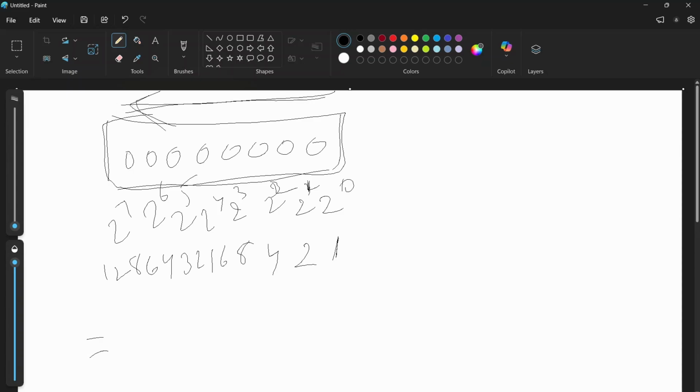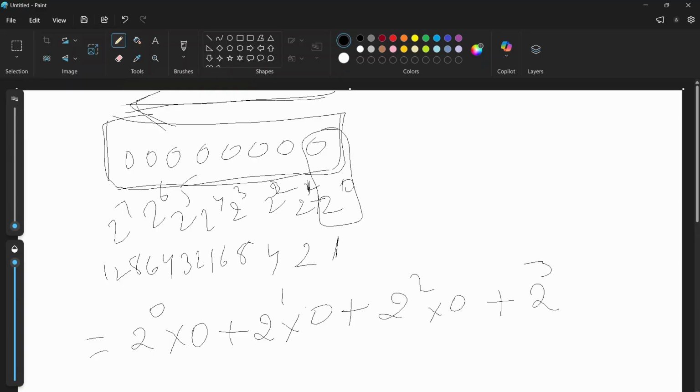2 power 0 into 0, plus 2 power 1 into 0, plus similarly 2 power 2 into 0, plus 2 power 3 into 0, plus 2 power 4 into 0, plus 2 power 5 into 0, plus 2 power 6 into 0, plus 2 power 7 into 0.